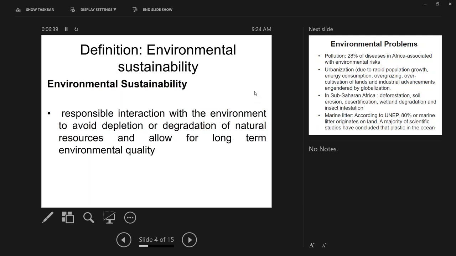It is estimated that 28% of diseases in Africa are associated with environmental risk, from the use of pesticides, from unsafe and unsound waste management, from the use of biomass for energy.